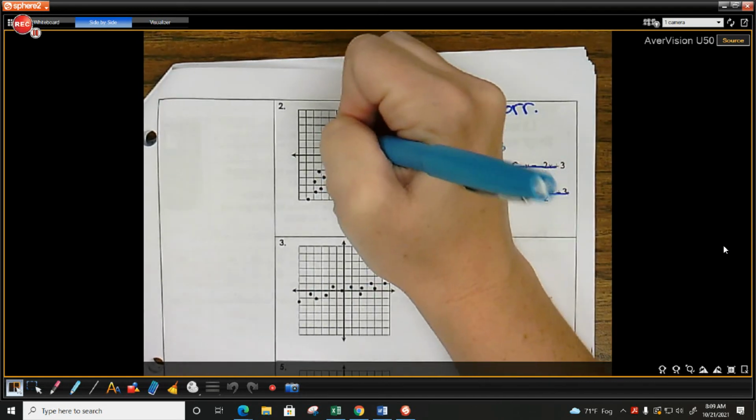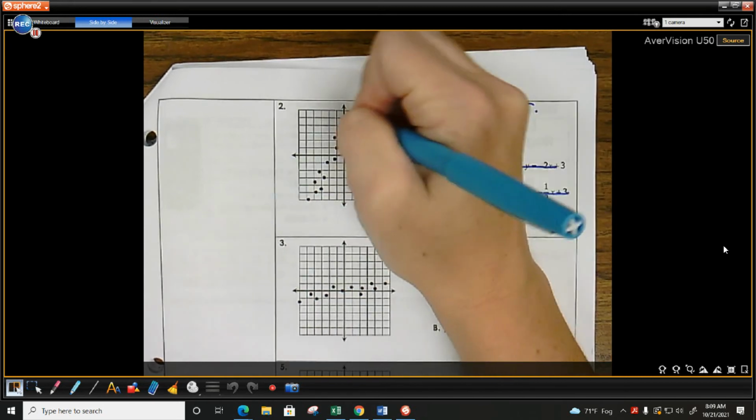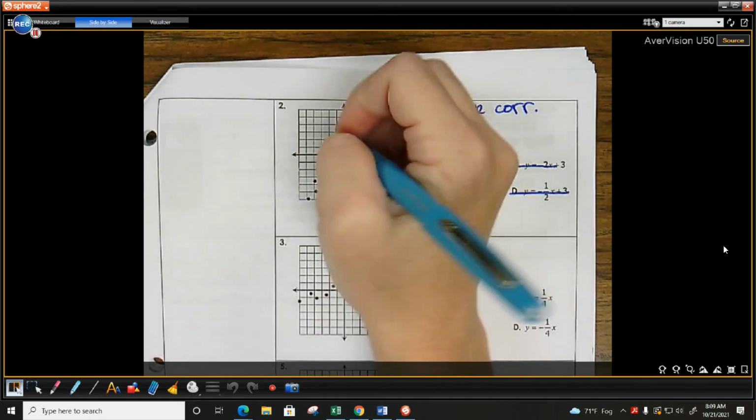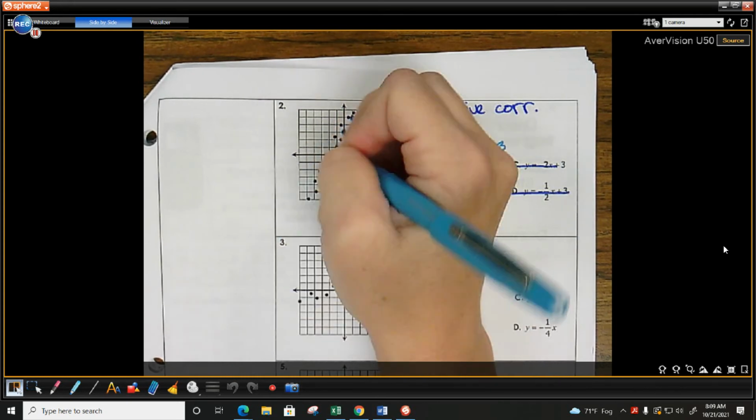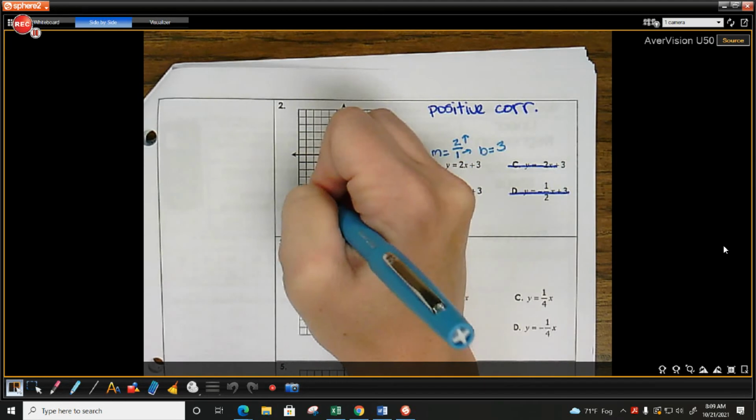Opposite of up to the right, down 2, left 1. Wait till we're done. Down 2, left 1. Draw your line. So this one, there's no context to these values, so I'm going to put arrows at the end of my line.